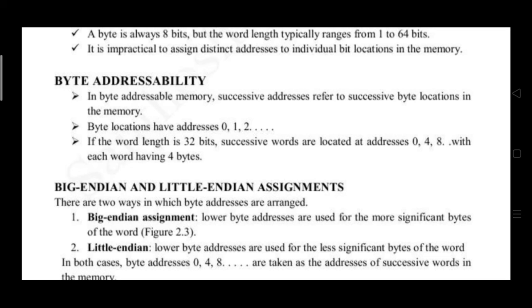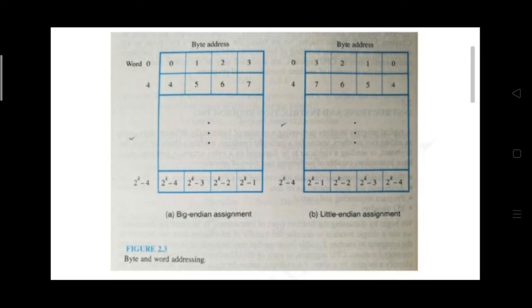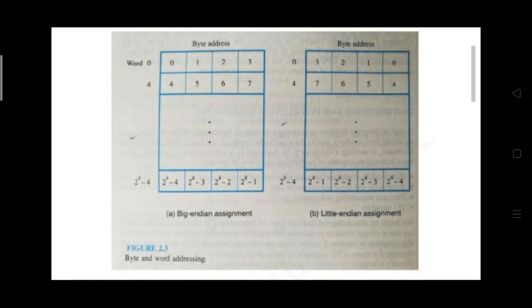Let us see the diagram. Please note down all these things. There are two diagrams, left hand and right hand. Byte addresses are marked on top, along with the word address. As I said earlier, memory is a tabular structure which contains rows and columns.